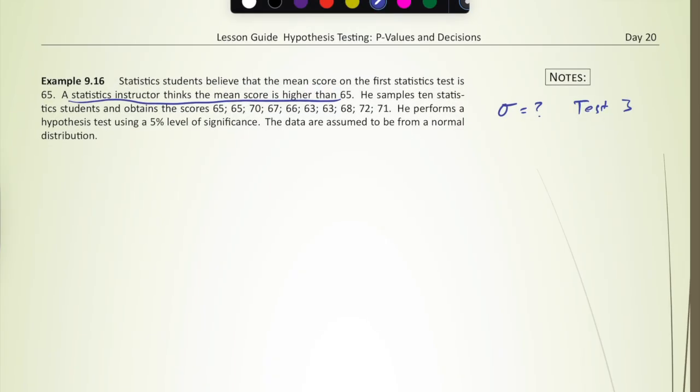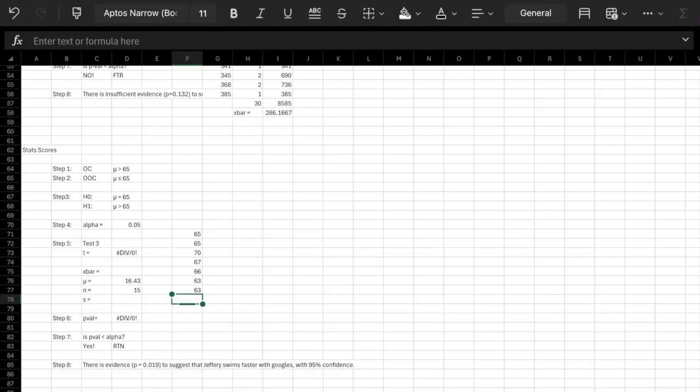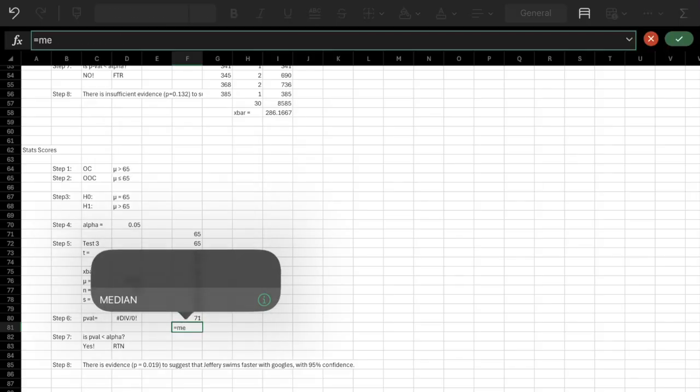And then 68, 72, 71. There it is. I'm hoping this is 10. Let's just select. It doesn't tell me how many there are. I think there's 10. Let's go ahead and find our x bar equals mean.